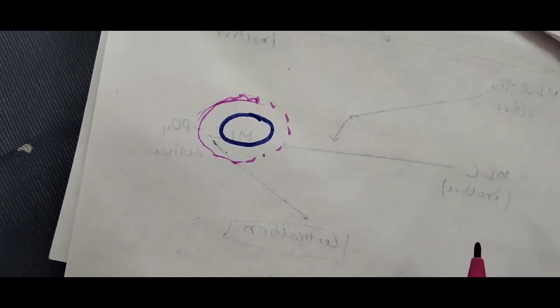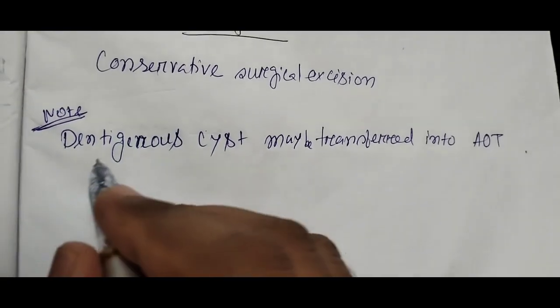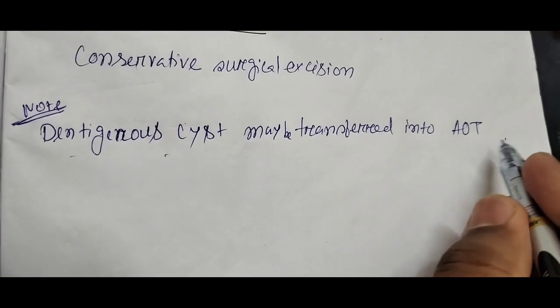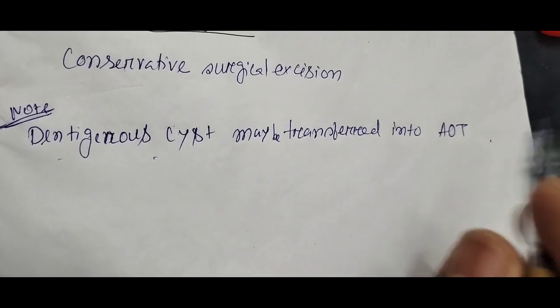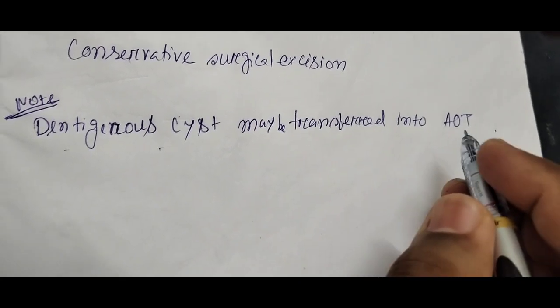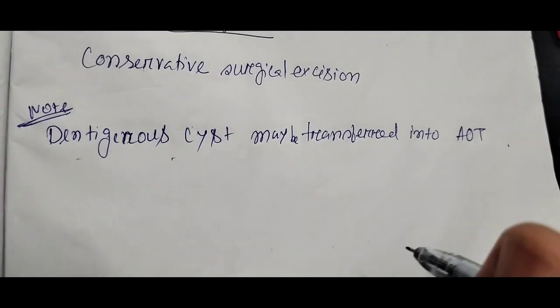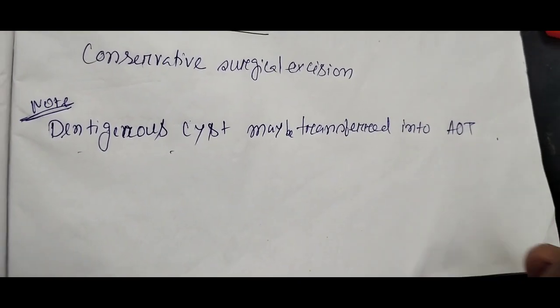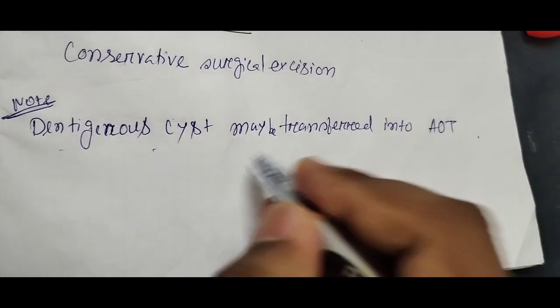Okay. Note: dentigerous cyst may transform into AOT, adenomatoid odontogenic tumor. That means dentigerous cyst can also convert into adenomatoid odontogenic tumor.